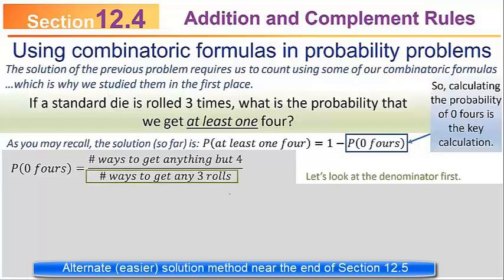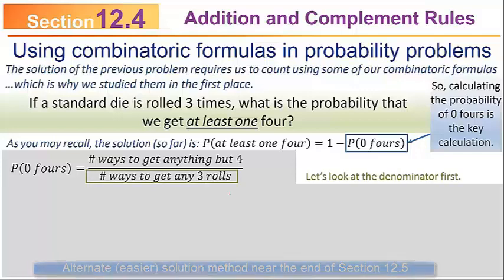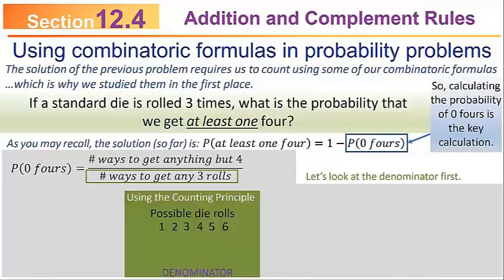I think I'll start with the denominator first. Let's find the number of ways to get any 3 rolls. Going all the way back to the counting principle, if you're looking for the number of ways to get any 3 rolls, remember each roll can be a 1, 2, 3, 4, 5, or 6. So think of this as a 3-stage experiment. You can look at how many ways you can get something for roll 1, roll 2, roll 3.